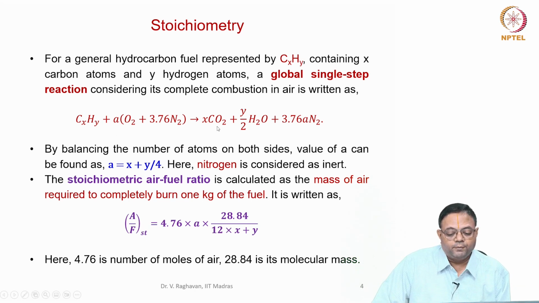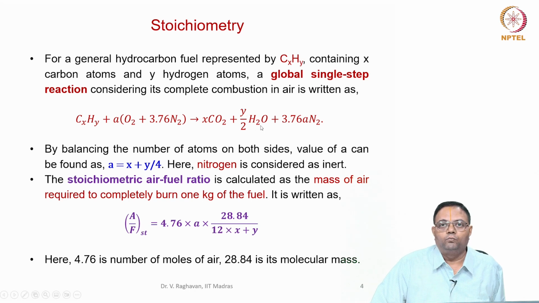Now, coming to the product side, all the C atoms should convert to CO2. That means X times CO2 will be formed. Similarly, there are Y hydrogen atoms, so Y by 2 H2O molecules will be formed. As I told you, nitrogen is kept inert. That means A times 3.76 of nitrogen will be there in the product stream.